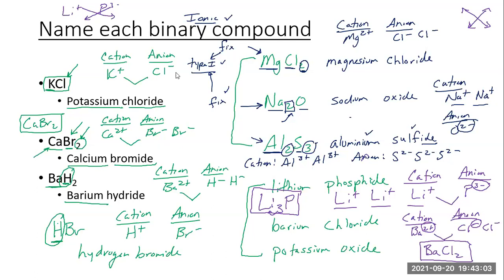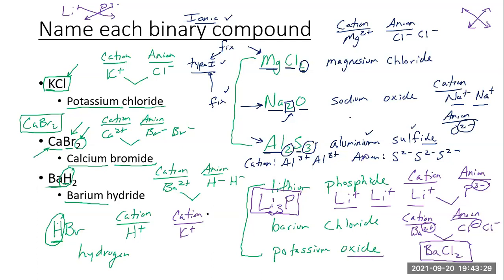All right, lastly here, maybe I'll make a little room here so I've got somewhere to scribble. We'll go over here. Last one's potassium, which is a metal, oxide, which is oxygen, which is a non-metal. So potassium is group 1. So the cation here would be a K+.